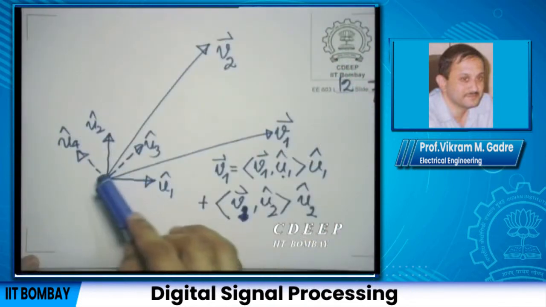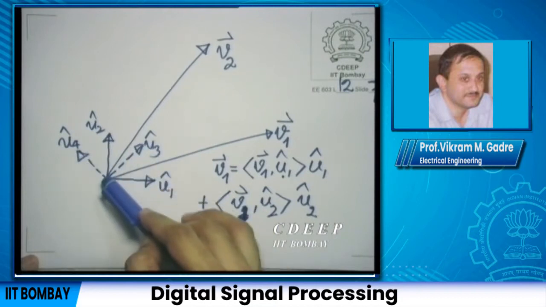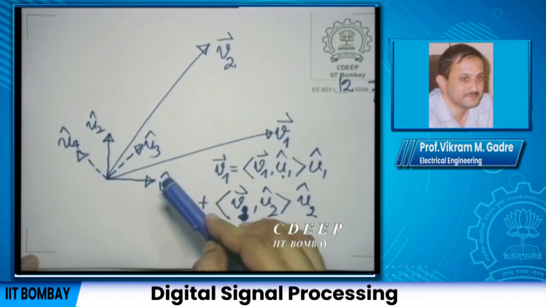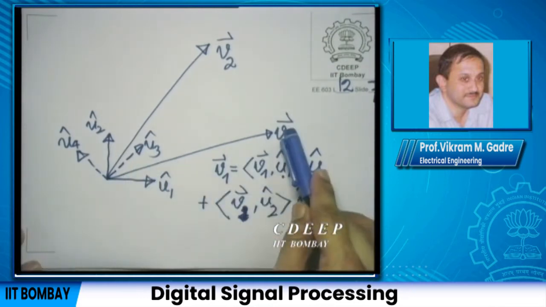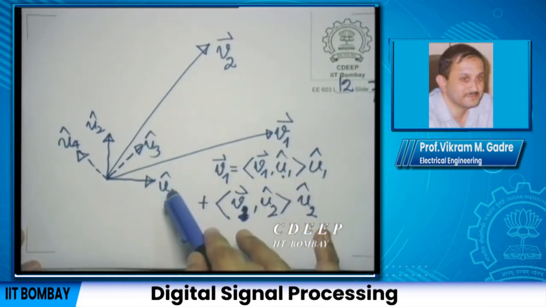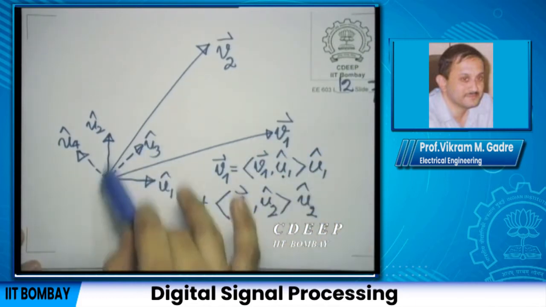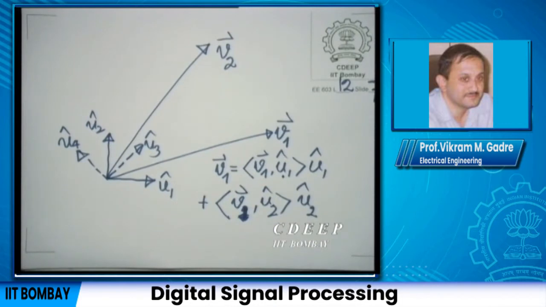When the basis is not orthonormal, you can of course have a basis that is not orthonormal. What I mean is, you can have a collection of vectors. For example, in this collection u1, u2, u3, u4, you can take the pair u1, u3. u1, u3 also form a basis, because you can express v1 in terms of just u1 and u3, or you can express v1 in terms of u2 and u4, and you can do it by using the parallelogram law.